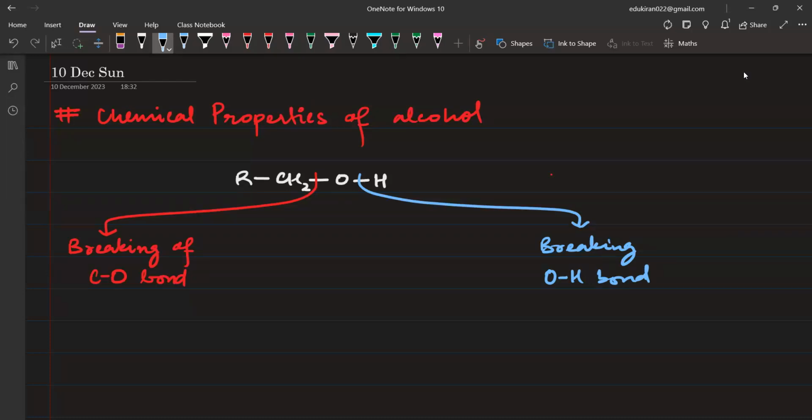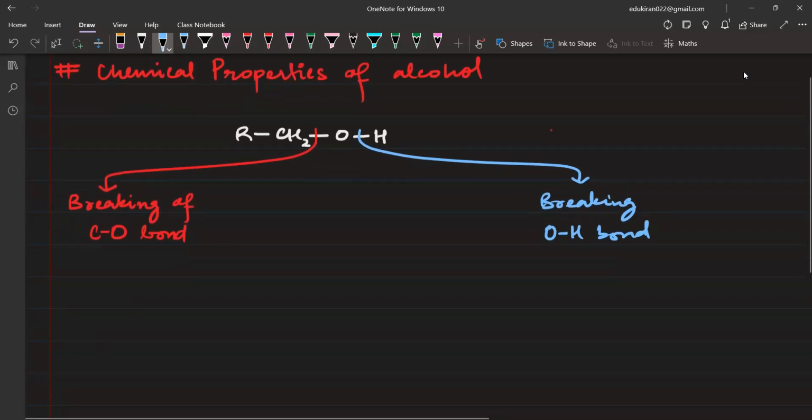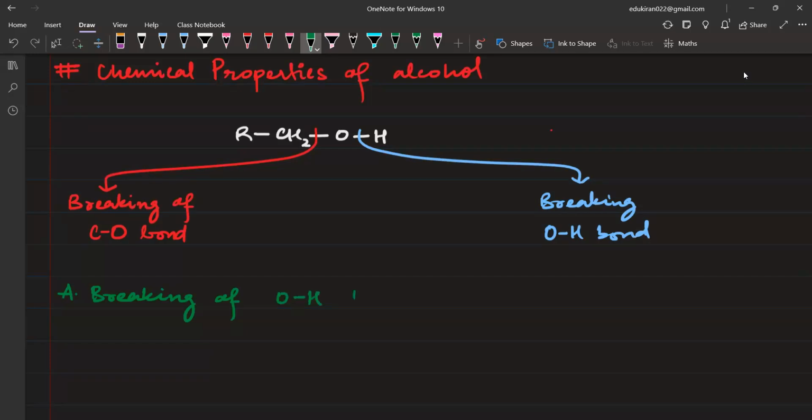So we will study these types of reactions individually. We will first of all start with, please write the first part, that is breaking of OH bond.